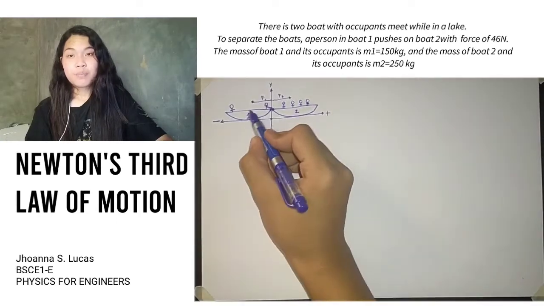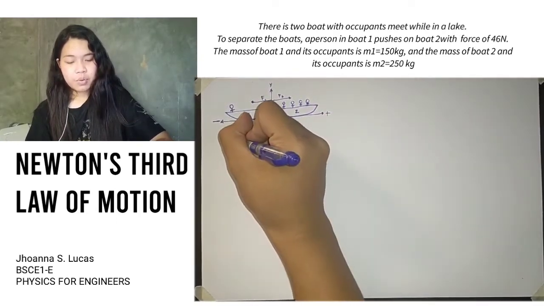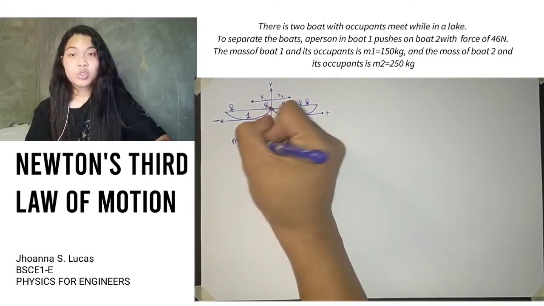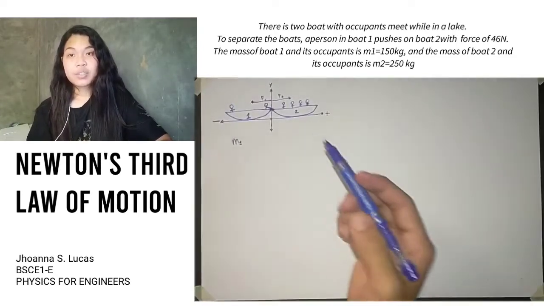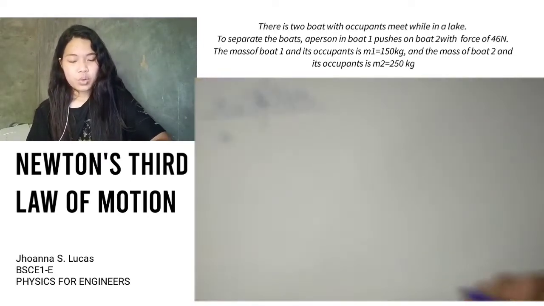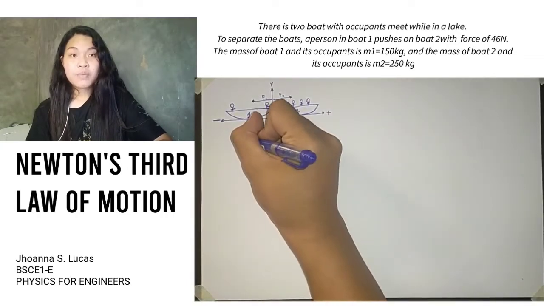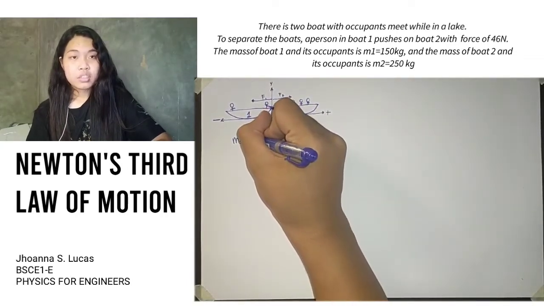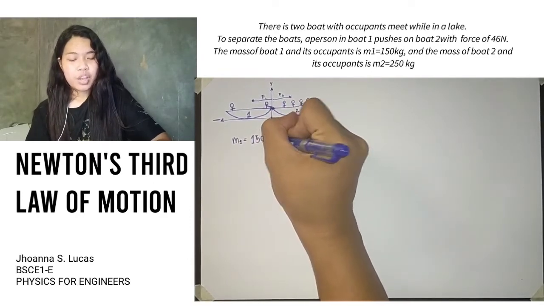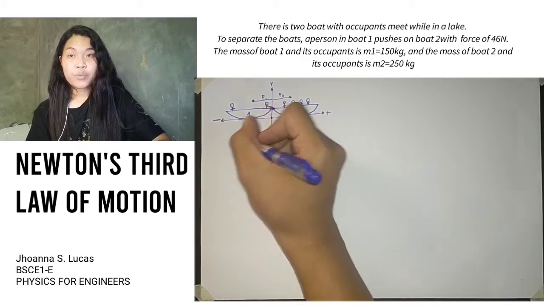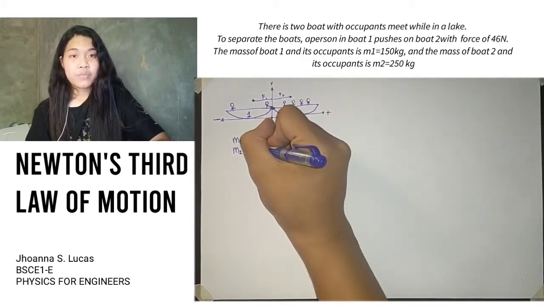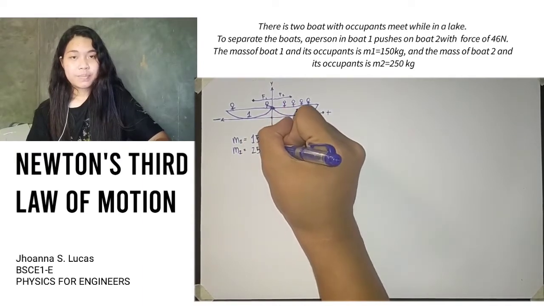For boat 1's mass, we can use m sub 1 for us to easily identify which is boat 1 and what is the given in boat 2. So m sub 1 is 150 kg. And for boat 2, we can say m sub 2 is 250 kg.